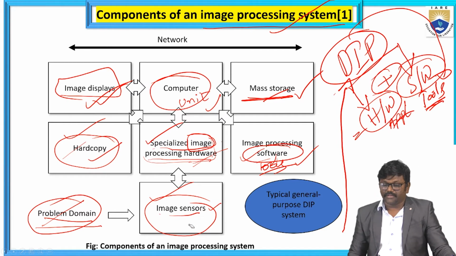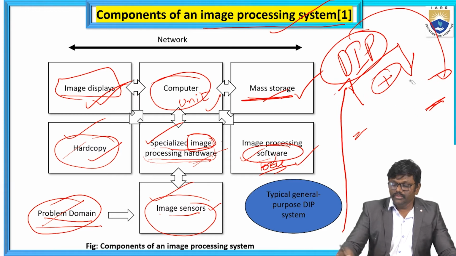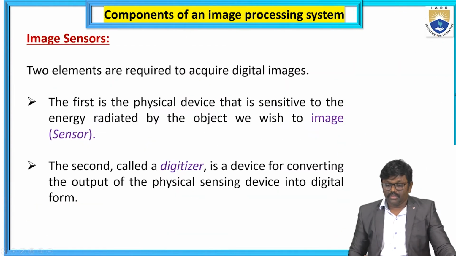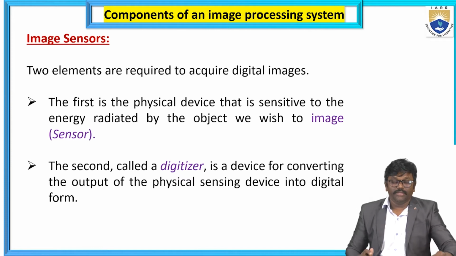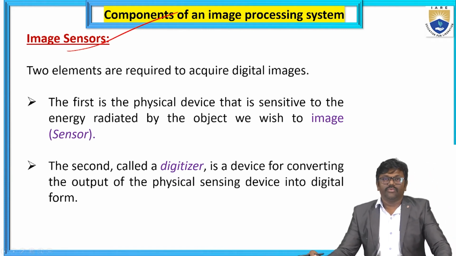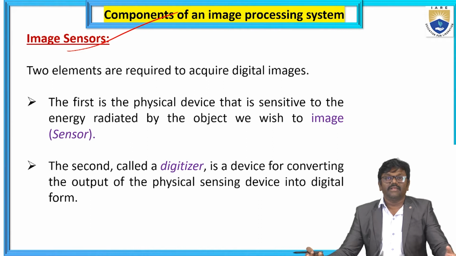Let's see the first one, image sensors. What does sensor mean? Basically we can define sensor as collection of information.